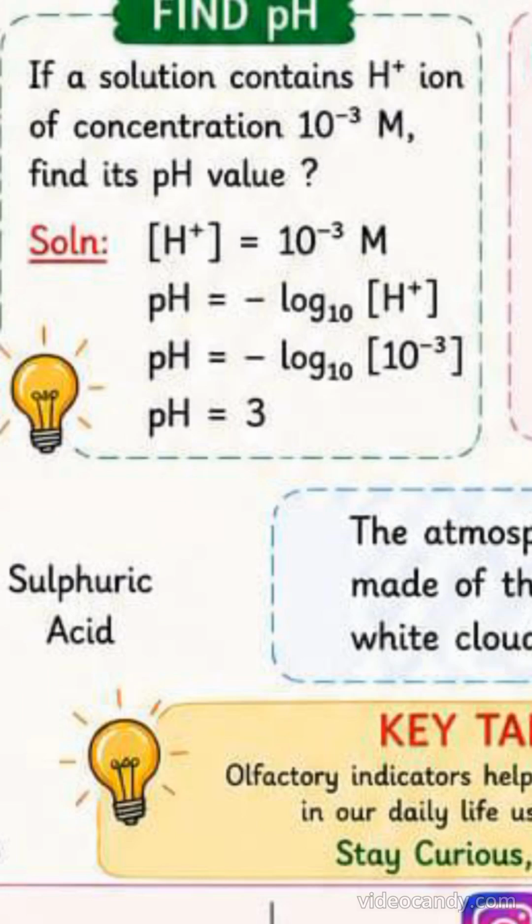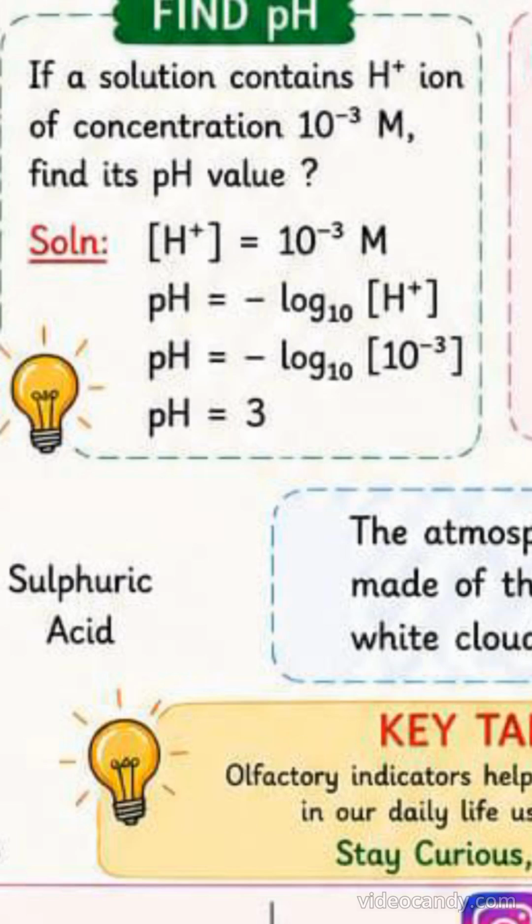And here is a question based on what we have studied today, formulas regarding pH. The question is, if a solution contains H+ ions of concentration 10 to the power minus 3 molar, find its pH value. It's given that [H+] equals 10 power minus 3 M. Then pH equals minus log base 10 [H+]. In the next step, we substitute the value 10 power minus 3.